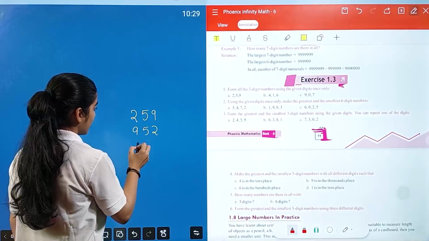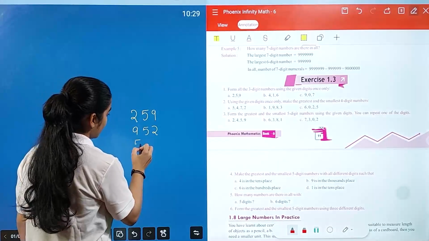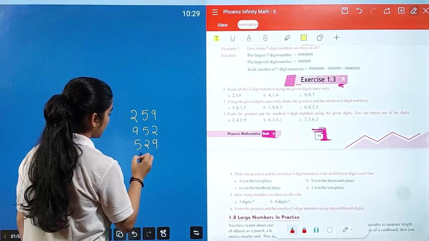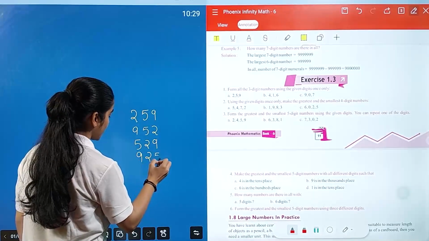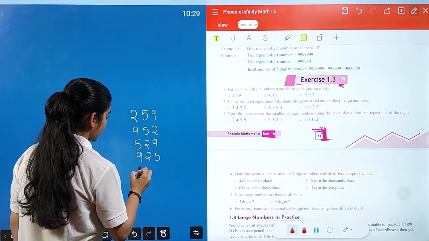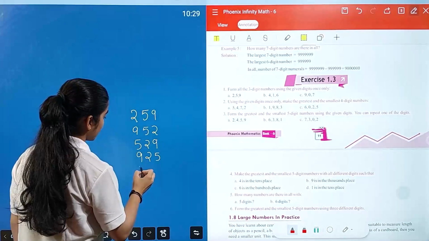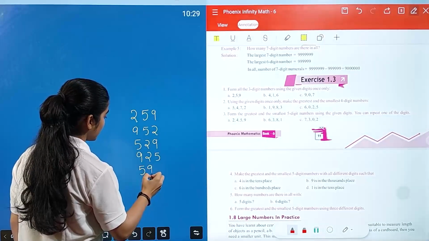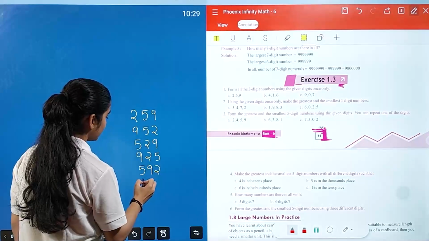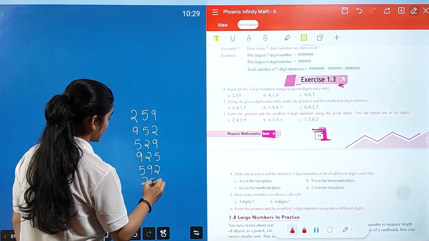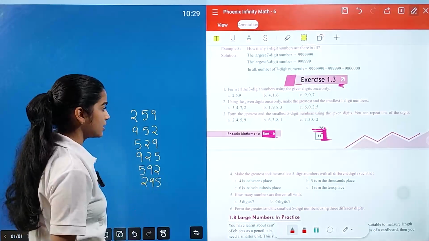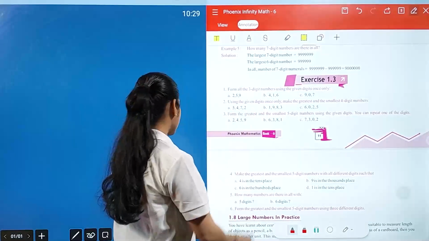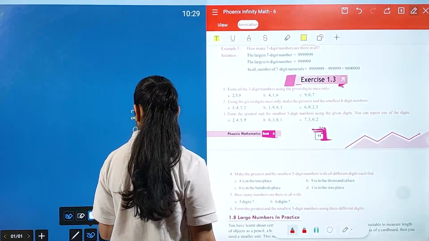Then 5, 2, 9, then 9, 2, 5. After this, you can make 5, 9, 2 and 2, 9, 5. These are the numbers you can make from 2, 5, 9 by interchanging its places.